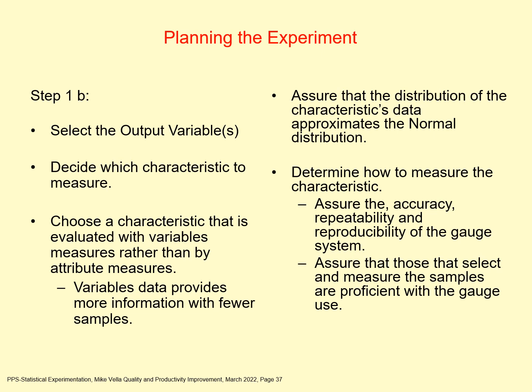Determine how to measure the characteristic. Assure that the accuracy, repeatability, and reproducibility of the gauging system is within range. And assure that those who are going to select and measure the samples are proficient with the gauge use.